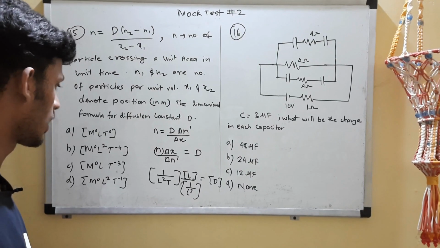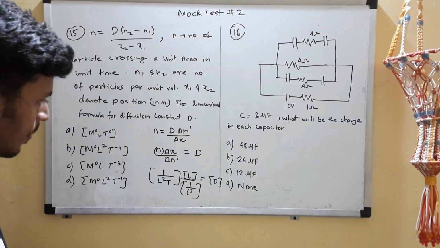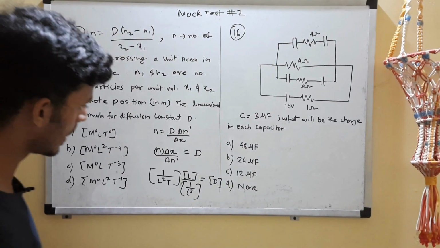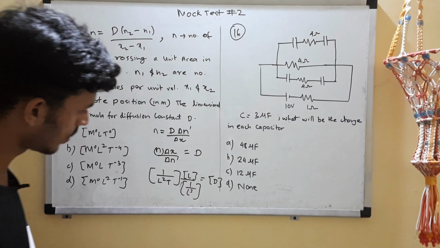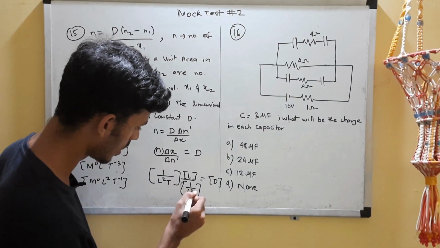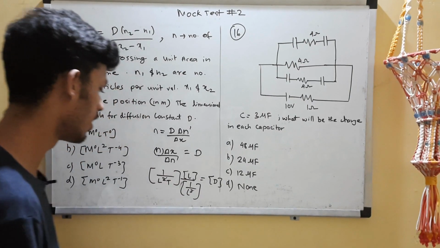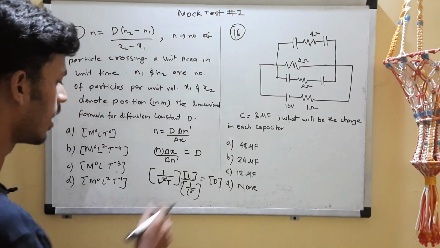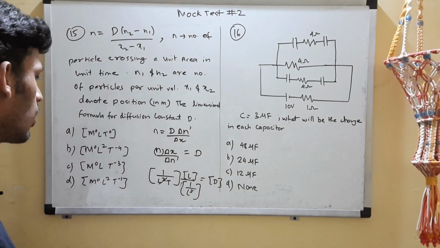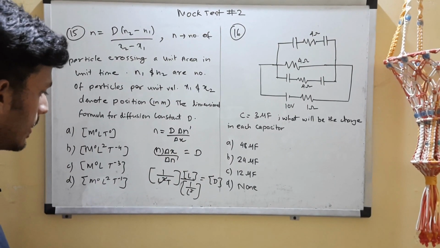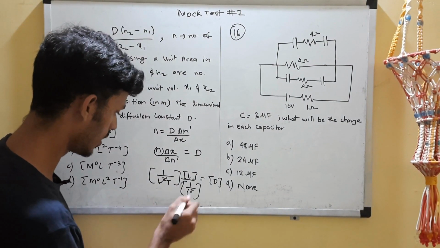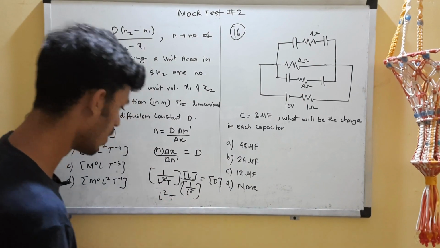So what can cancel over here? L square will cancel, and I'll have one L that will go on top. So L and L square, it will become L square and t raised to minus 1.